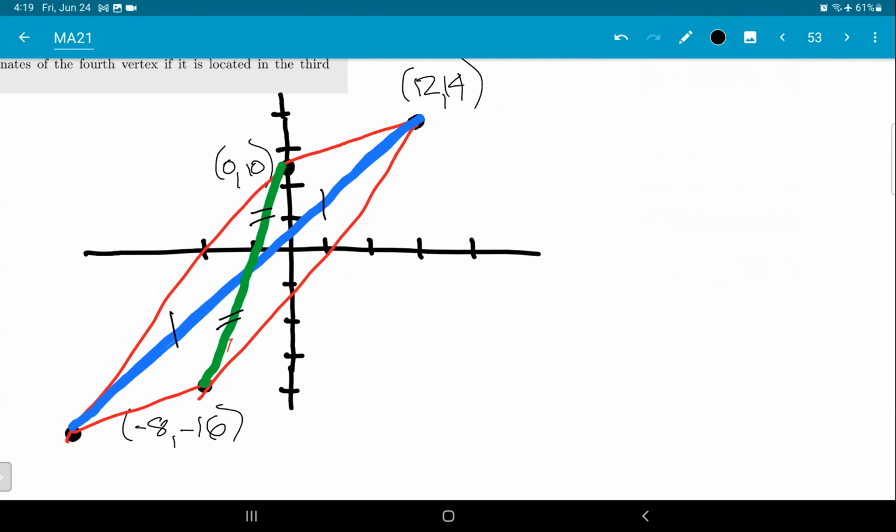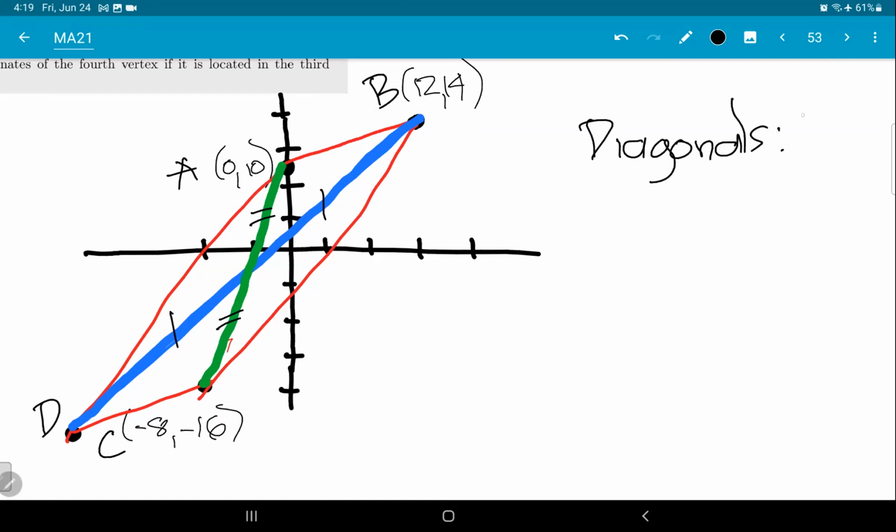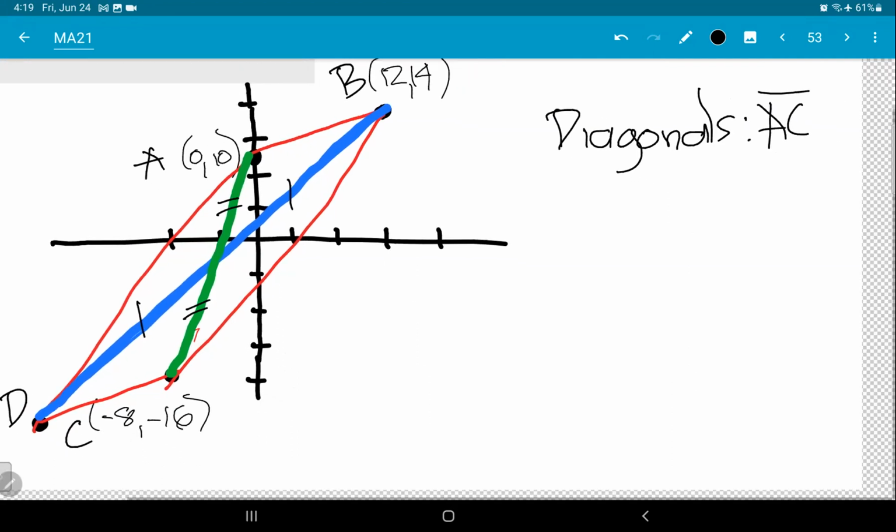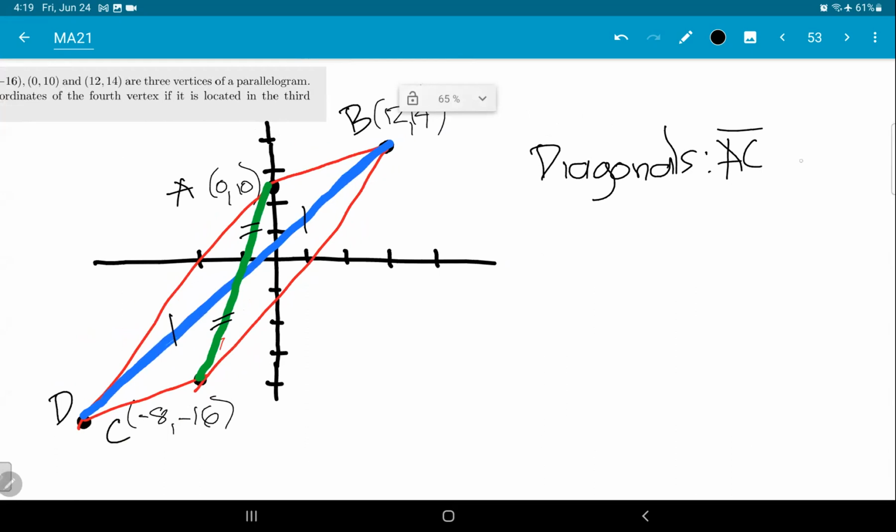Makukuha ba natin yung bisection nila or yung intersection ng bisectors? Pwede, di ba? Using which points? So the diagonals are AC and BD.